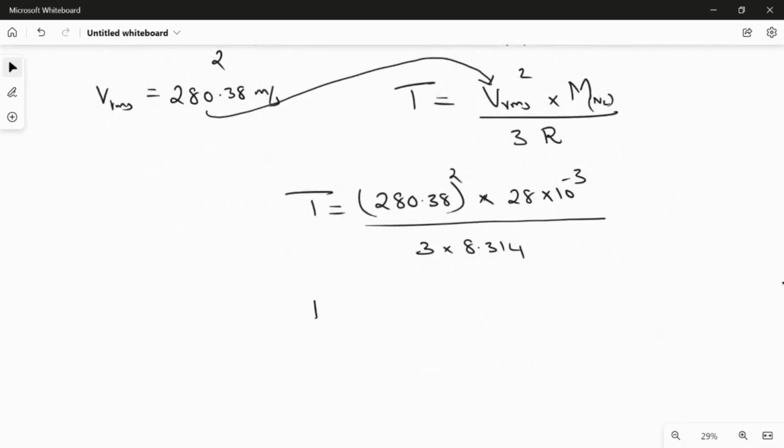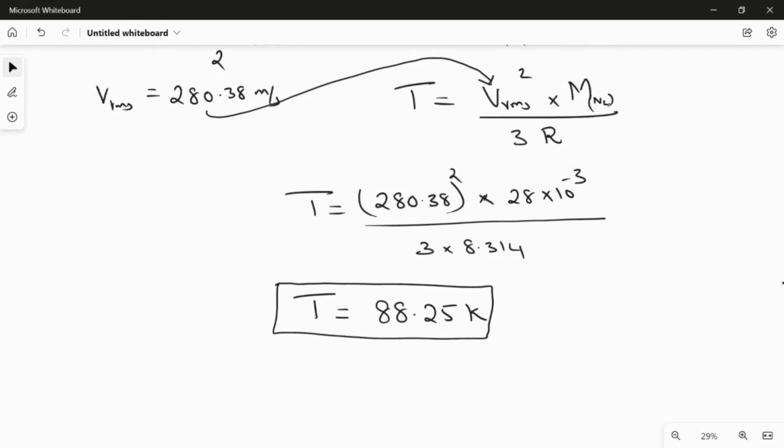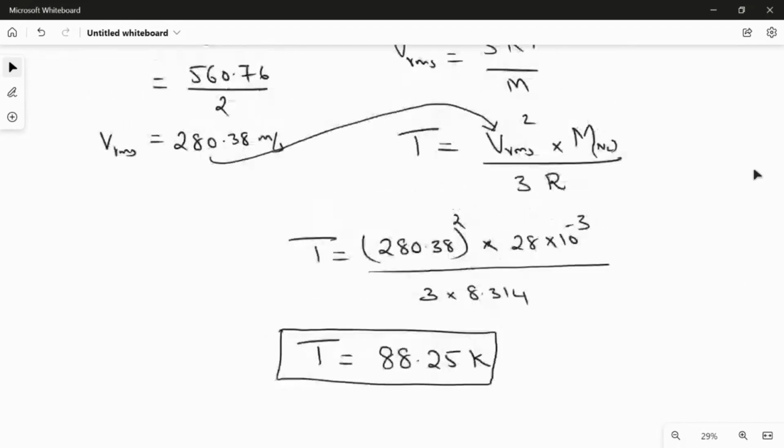We got the answer as 88.25 Kelvin. So this is the answer if you consider the VRMS as half. Clear? So this is the answer for the B part.